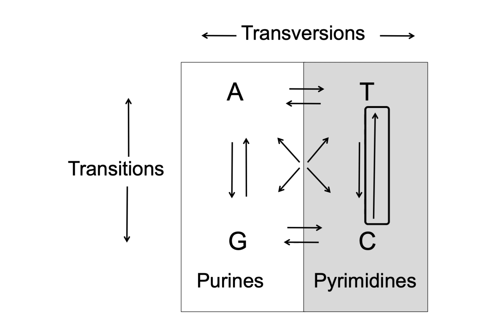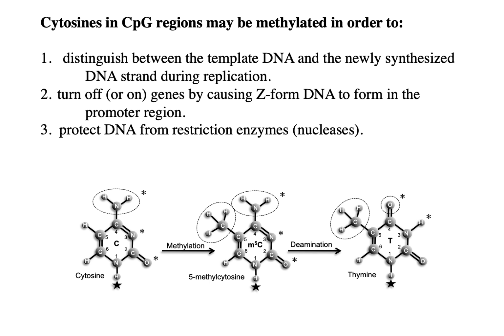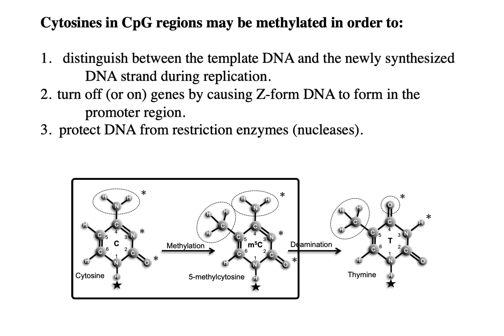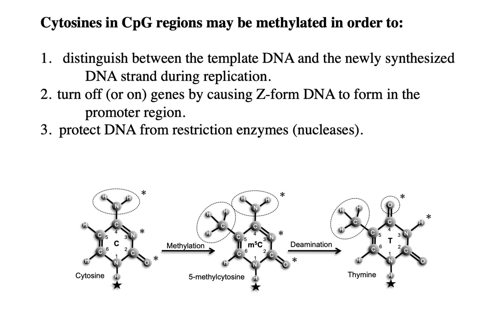Then there's this C to T change, which you can see the arrow is much longer, indicating that C to T changes occur more frequently than T to C changes or any other mutation. And this is because often cytosines are altered to become 5-methylcytosine. So there's a methyl group on the number 5 carbon in the pyrimidine ring.